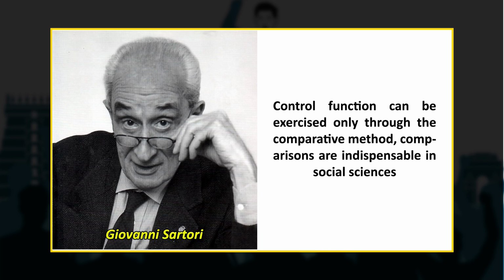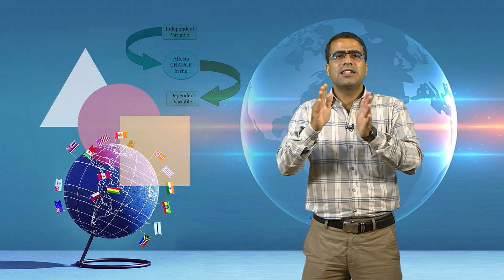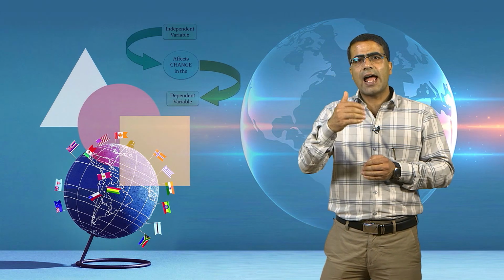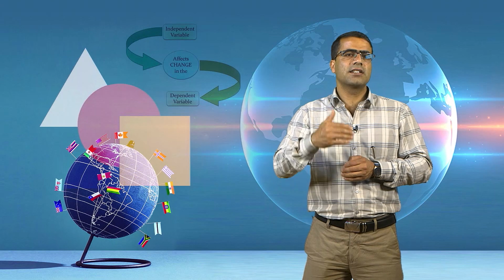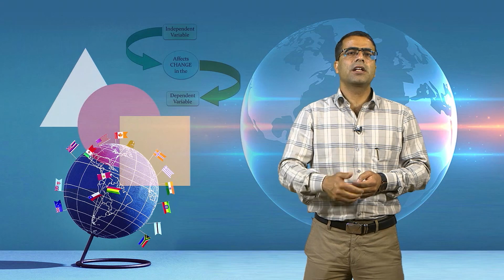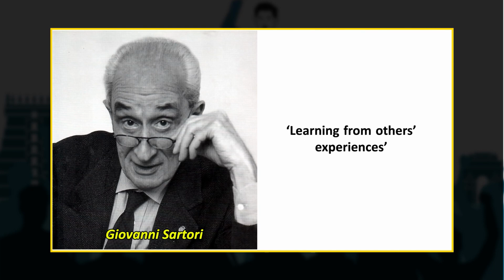He goes further to propose that because the control function can be exercised only through comparative method, comparisons are indispensable in social sciences. Because of their function of controlling, checking the validity of theoretical propositions, comparisons have the scientific value of making generalized propositions or theoretical statements explaining particular phenomena, making predictions, and also what Sartori terms learning from others' experiences.